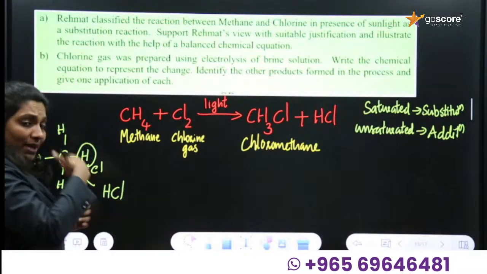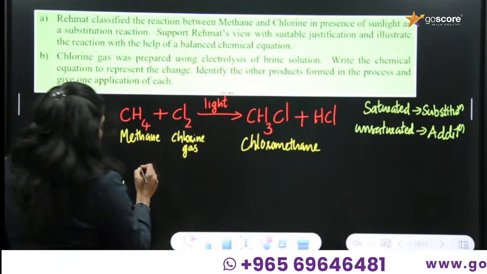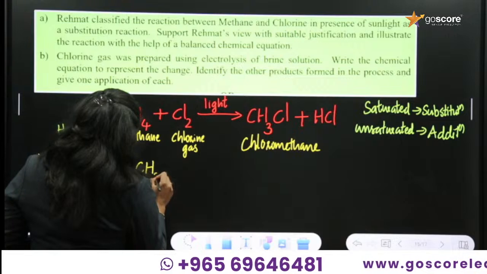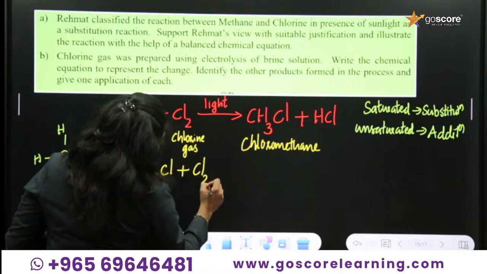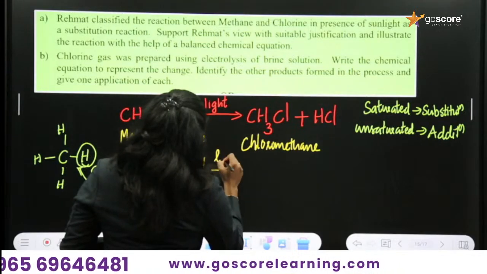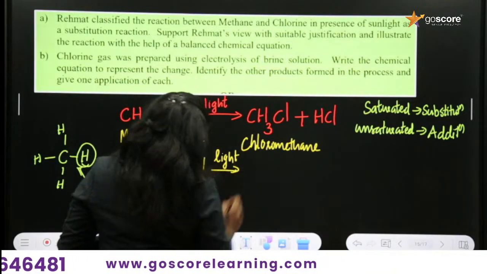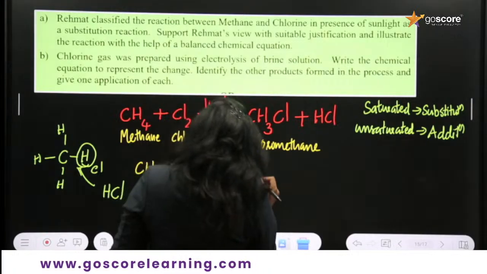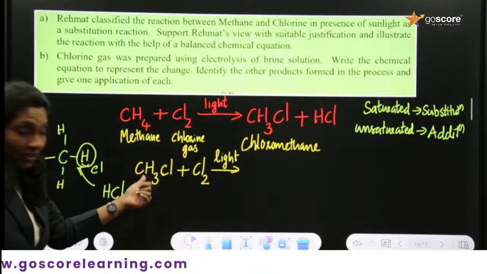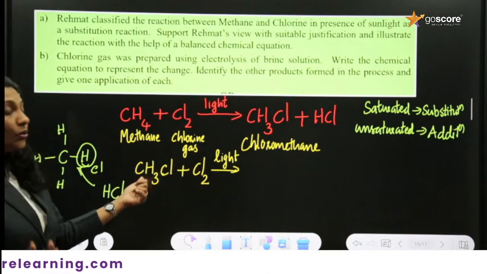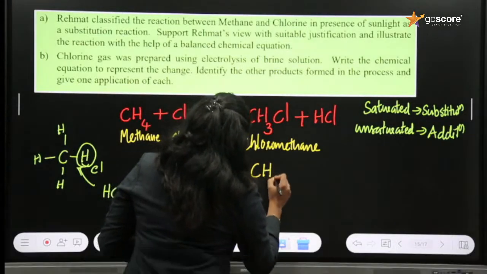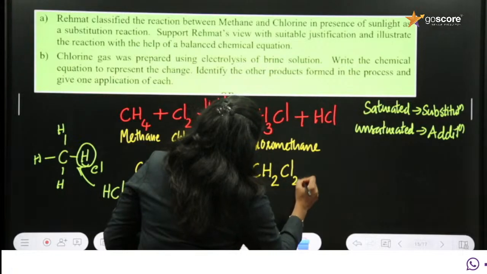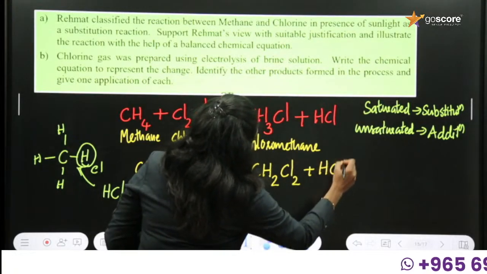And if you are passing excess of chlorine gas, what happens? CH3Cl, again, if you are passing chlorine in presence of light, you will get one more hydrogen of the chloromethane substituted with chlorine, that you will get CH2Cl2 plus HCl.